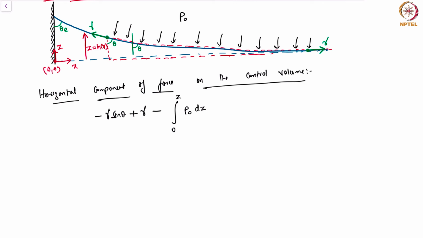And then I also have a pressure at the bottom, and the pressure at the bottom is not constant everywhere because the height of the meniscus is dropping.